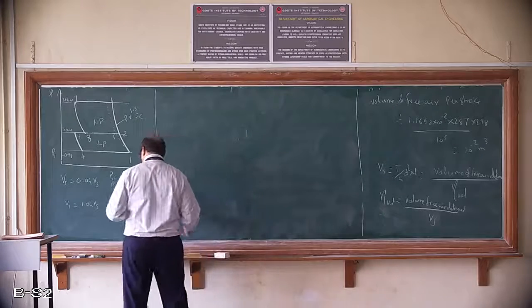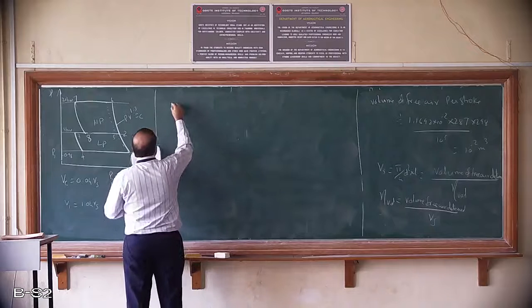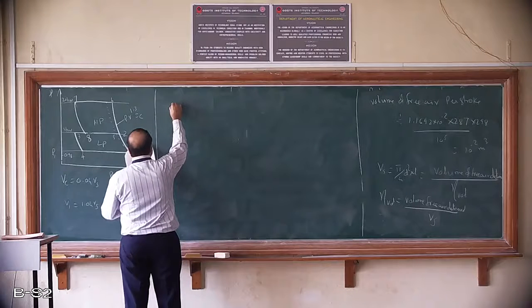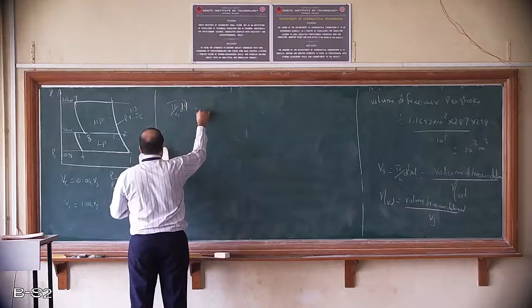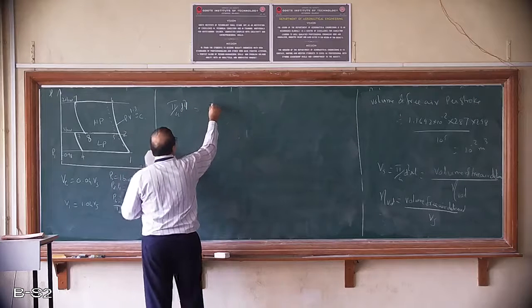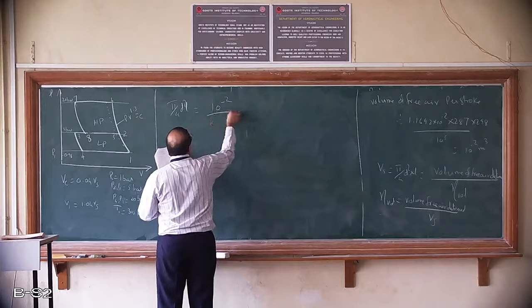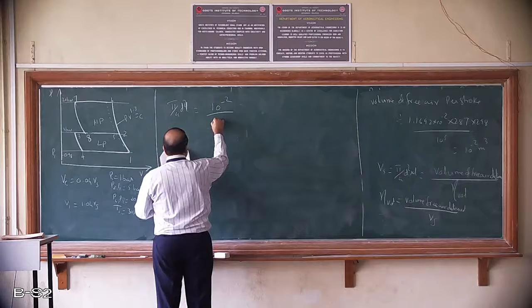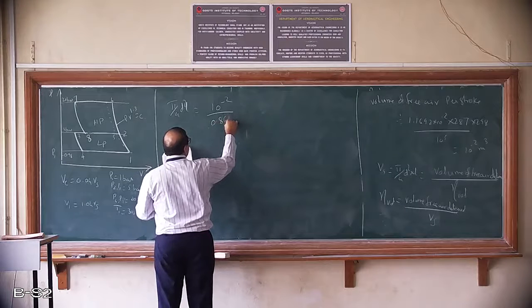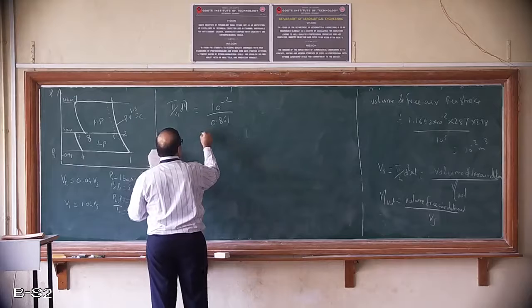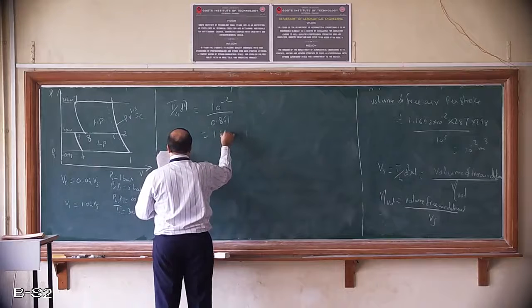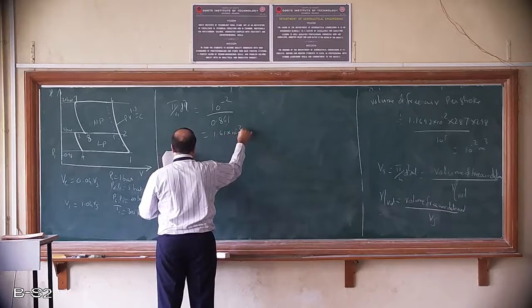So once you know that, pi by 4 d square L, what is this? We get it as 10 to the power of minus 2, divided by 0.861, the volumetric efficiency. So this we get as 1.61 into 10 to the power minus 2 meter cube.